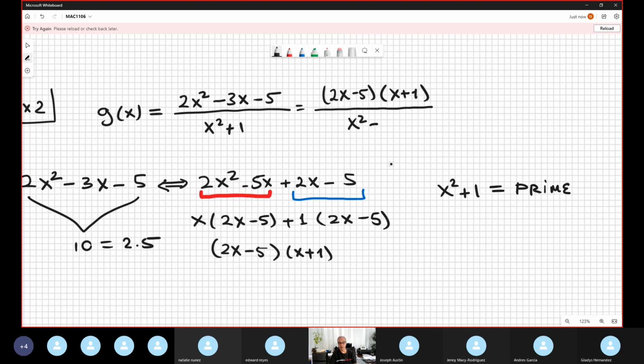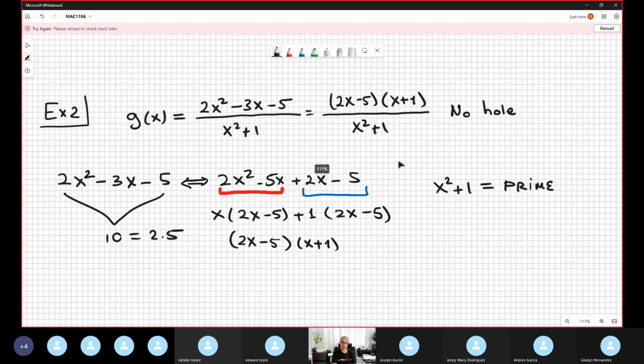This is a typical irreducible quadratic expression. A prime we cannot factor. Okay, cool, leave it like that. Now we have no hole. We have a hole only, guys, when you cancel out one factor, and the factor is gone, that is the hole. But in this case, no. Maybe in another example, yeah, but in this example, no.